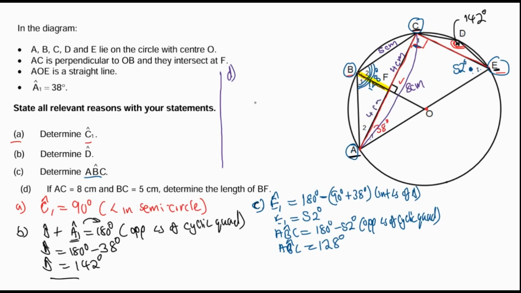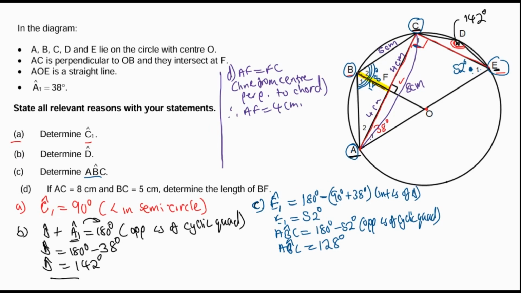Okay, let's just write that. AF is equal to FC. And then the reason: line from center perpendicular to chord bisects the chord. So meaning that AF is equal to 4 centimeters. Now we can use the Pythagoras theorem to find BF. Okay, it's 3.